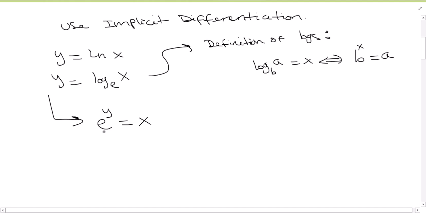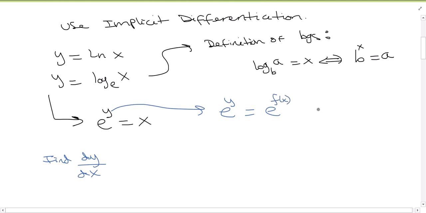So now I can take the derivative with respect to x. I want to find the derivative of the function with respect to x, essentially taking the derivative of y with respect to the variable x. Now notice that e to the y, think of it as e to the f of x, or e to the stuff. How do you take the derivative of e to the stuff? You get the exponential back, e to the stuff times the derivative of the stuff.